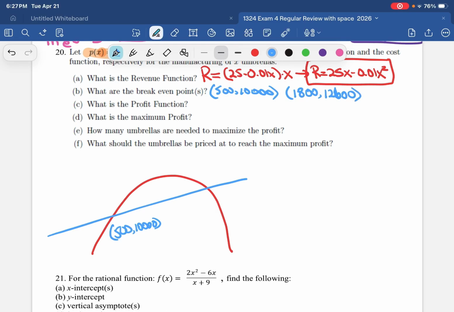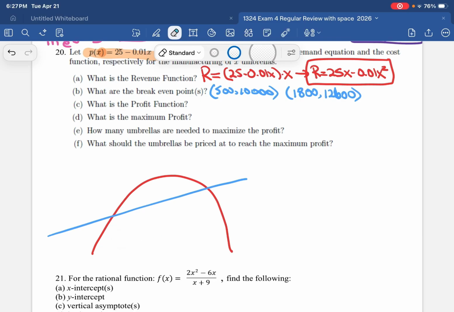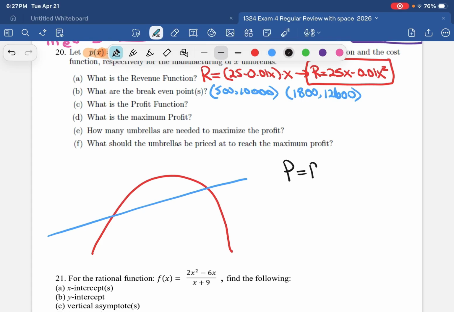Okay. Next it says, what is the profit function? So I actually have to find the profit function, I guess. So I'm going to write profit equals revenue minus cost. My revenue function is 25x minus 0.01x squared minus my cost function, which was 2x plus 9,000.